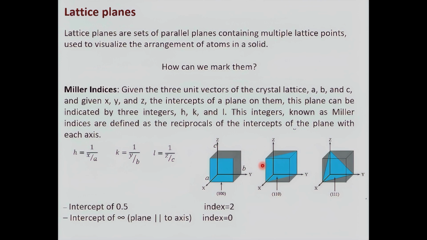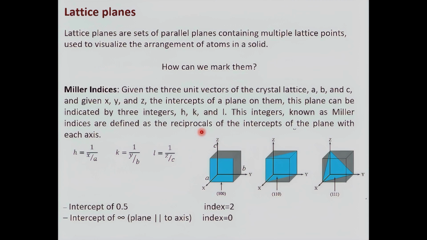Here there are shown 3 examples of lattice planes. You can see that they are indicated with round brackets. Inside we put the HKL values. This is the lattice plane 100, this is 110, and this is 111.